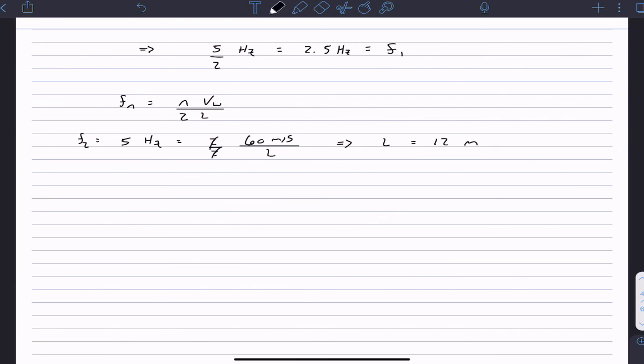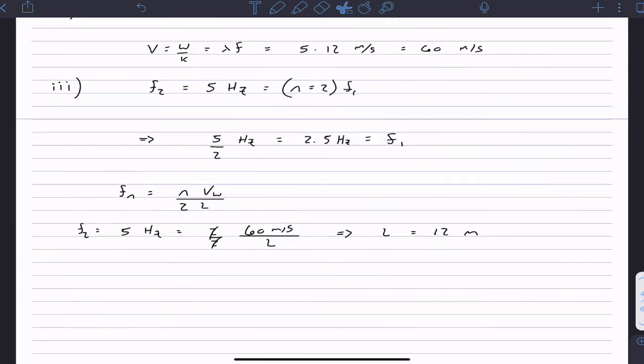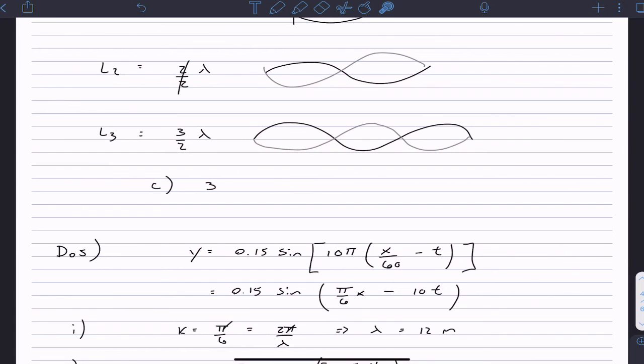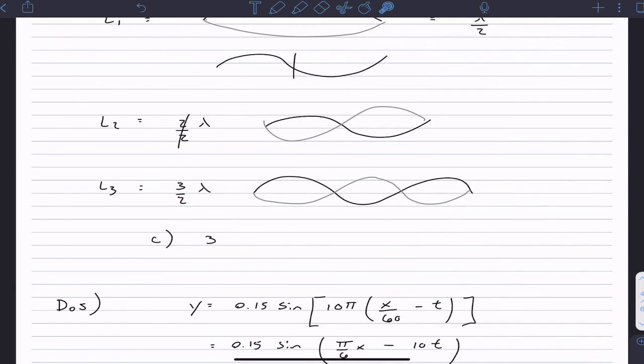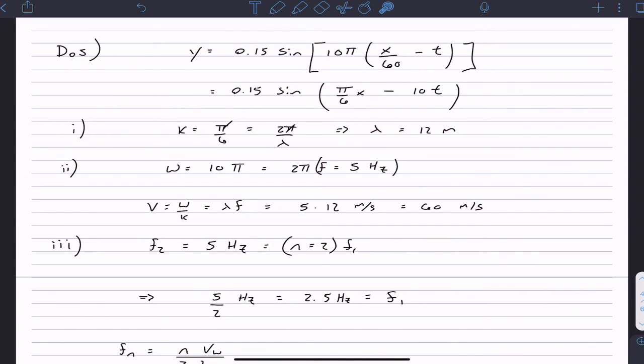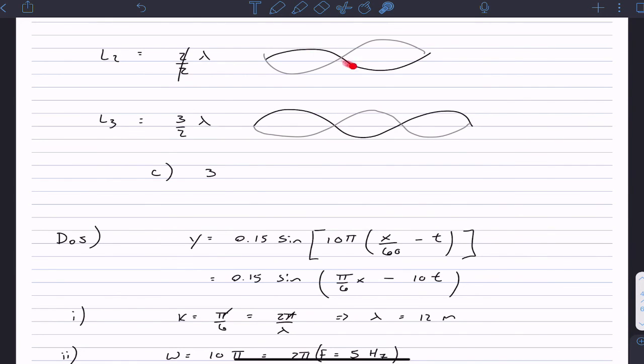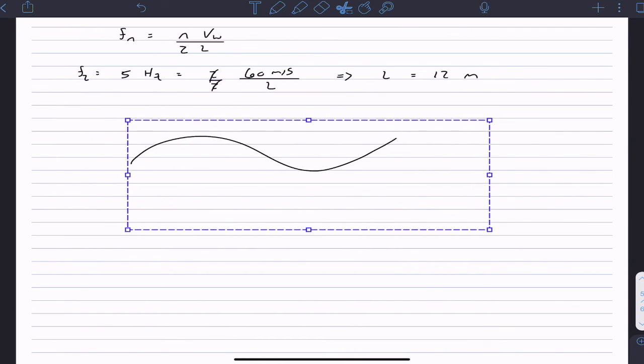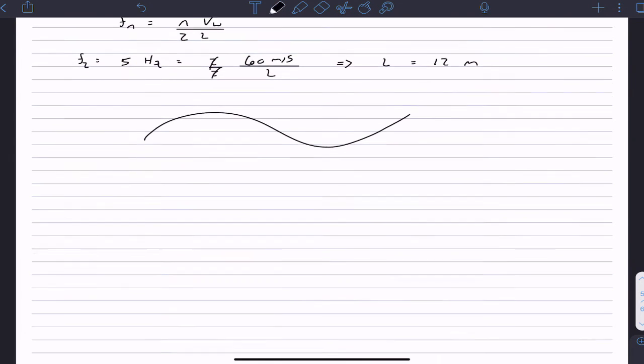That makes sense because we were actually told that we're in our second harmonic, and the second harmonic would look like this, right? L2, and our wavelength was 12 meters. So the second harmonic gives you the full wavelength, 12 meters, and we just found that our length is 12 meters. Okay, so that makes good sense.